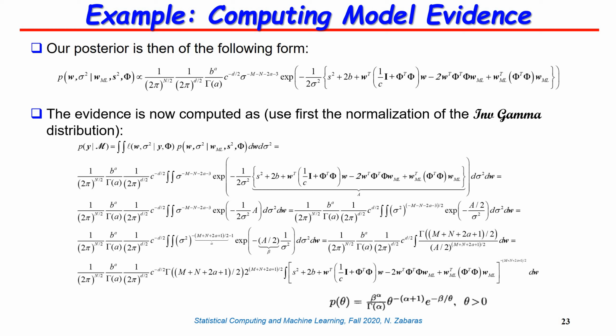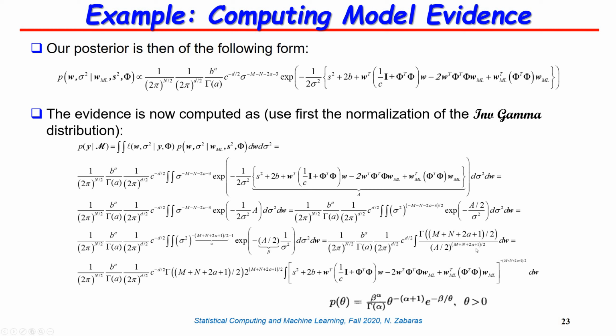Actually, looking at this slide, I notice the calculation proceeds the other way around from what I just described. First, by calling this whole thing A, I keep this because it is a function of W only. I keep it constant, and I do the integration on sigma squared, and you can see the integration in sigma squared can be performed because it turns out to be a normalization factor for an inverse gamma distribution.